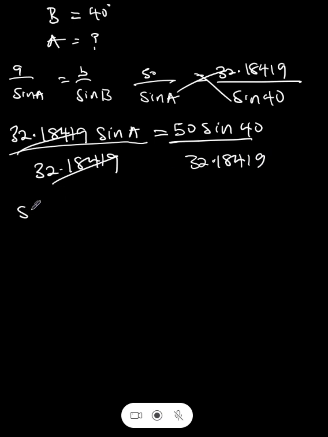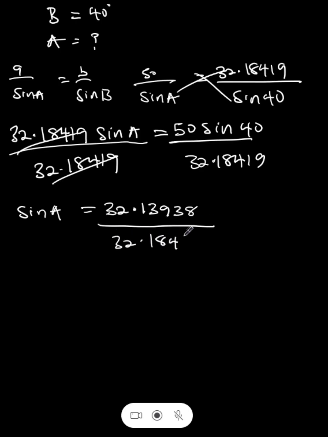So our sine A is now equal to 50 sine 40, which is 32.13938, all over 32.18419.